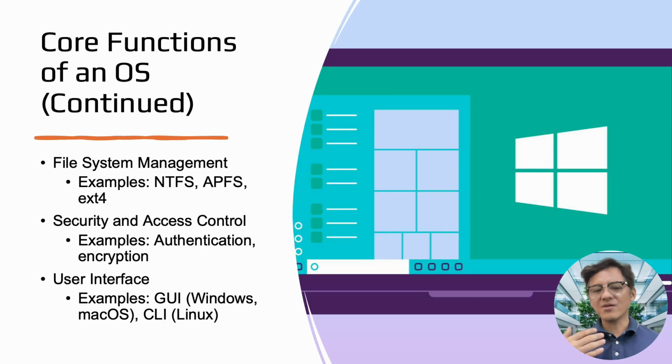Alright, let's continue exploring the core functions of an operating system. We already talked about resource, process, and memory management, but the OS doesn't stop there. Next, we have file system management. The OS is responsible for organizing and storing all your data on devices like hard drives or SSDs.